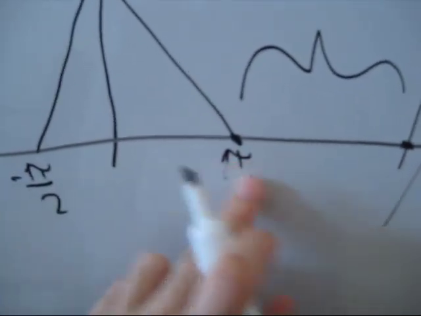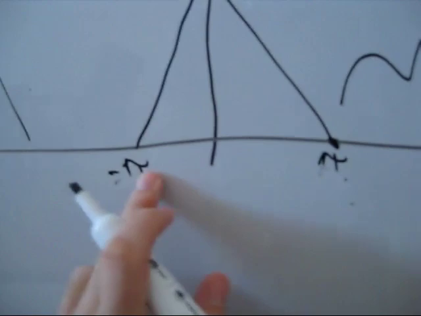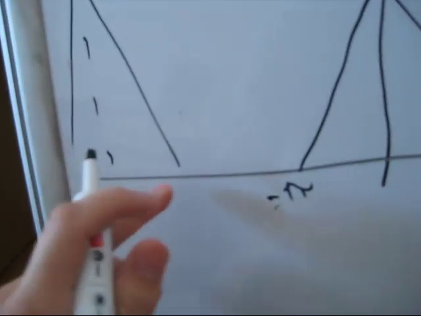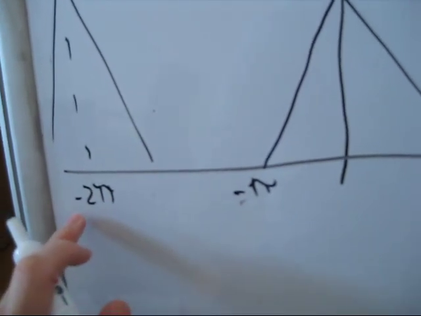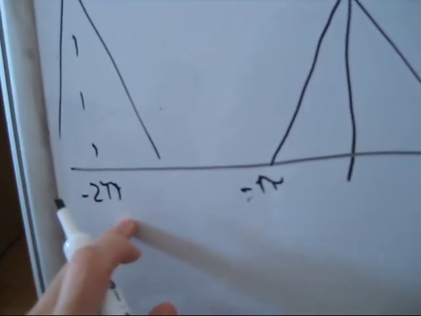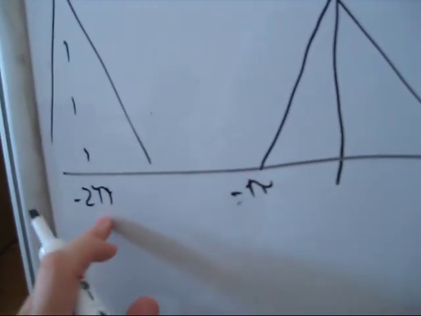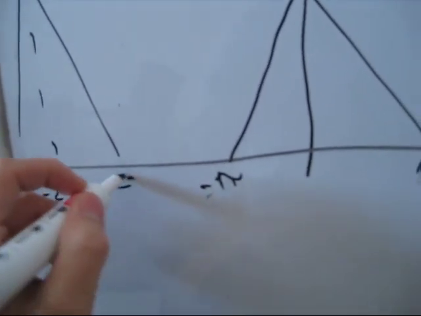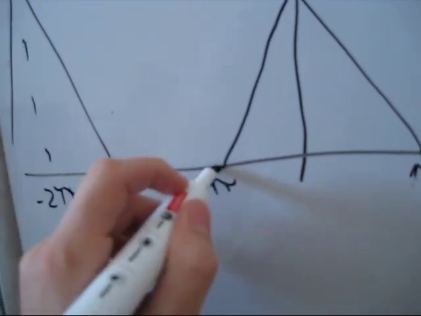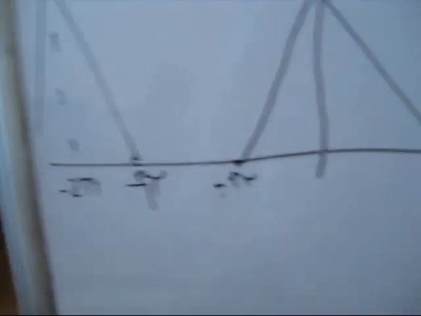So what this ends up being is pi. And this was before minus 2 pi plus pi over 2, but now it's going to be minus 2 pi plus pi. So this is now also minus pi, this point here. So these points are actually the same, so we can squish them together.